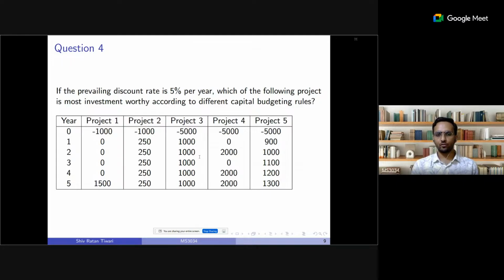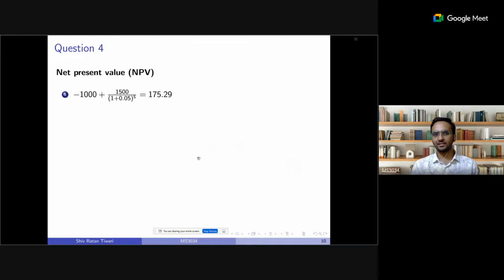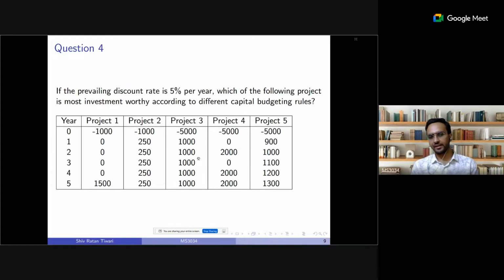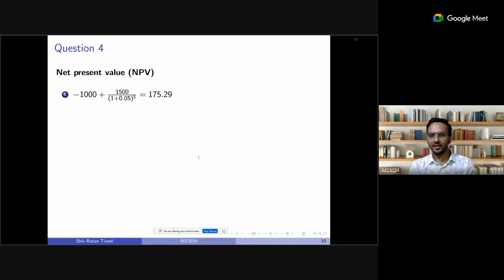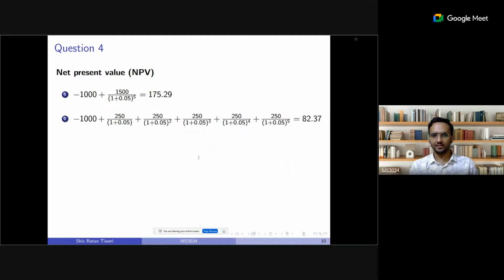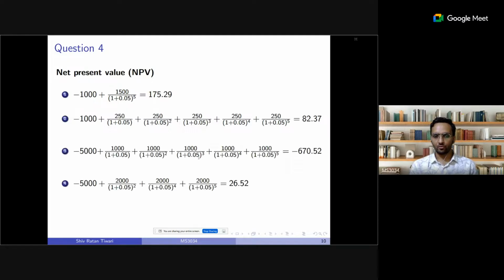So the first is the net present value rule. We can simply calculate the NPVs of these five projects by discounting the future cash flows into present value terms, then doing the simple summation of all these cash flows, and we get the net present value. The simple rule under net present value is that we select the project which has the highest NPV.